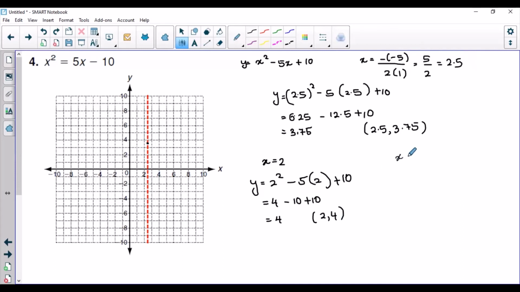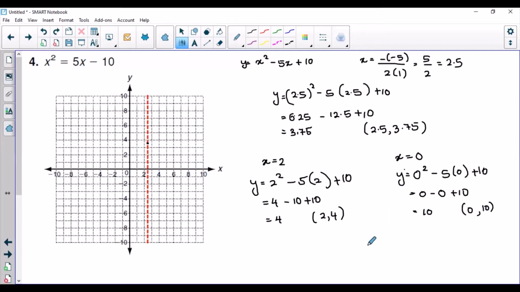And let's try for x is equal to 1 or x is equal to 0. Totally up to you. If you use 0, y is going to be 0 squared minus 5 multiplied by 0 plus 10. So 0 minus 0 is 0, plus 10 will give you a 10. So the coordinates you have is 0 and 10.